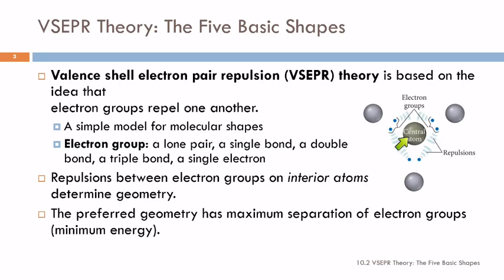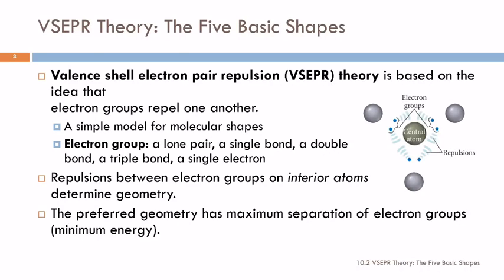So in this example, here we have a central atom, and it has bonds to 3 other atoms. So we have 3 bonding pairs. Each of these is an electron group. And they're going to arrange themselves so they have as much space as possible. They're trying to get away from each other.